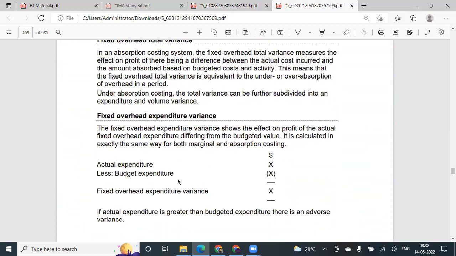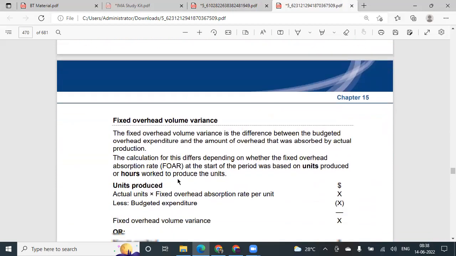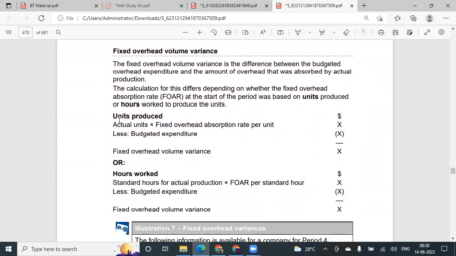Fixed overhead volume variance: actual units into fixed overhead absorption rate per unit, less budgeted expenditure. Or what we can do is standard hours for actual production into fixed overhead absorption rate per standard hour, less budgeted expenditure. So either it is hours worked or units produced.